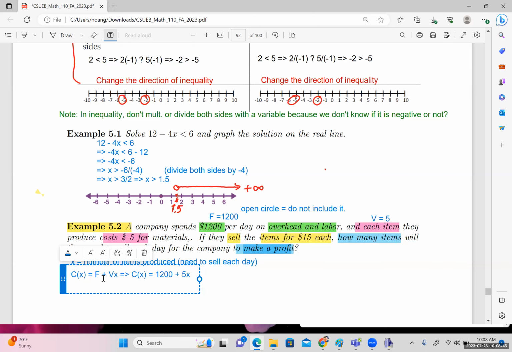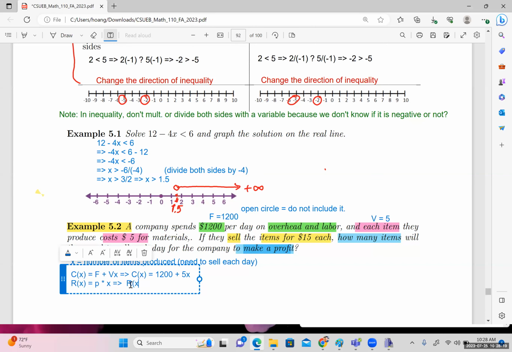Then I also make the revenue function, because revenue is going to be equal to price times demand, right? Because this one has a price of $15. So it's going to be R of x equal to 15 times x. We need to find the profit, right?